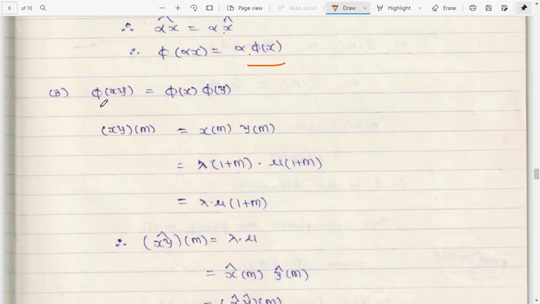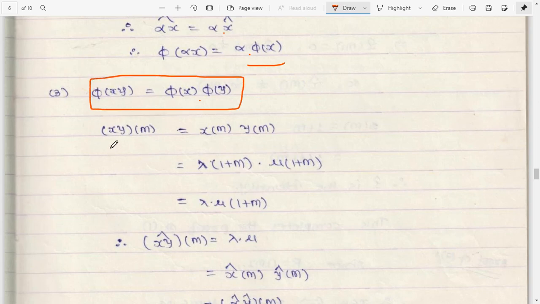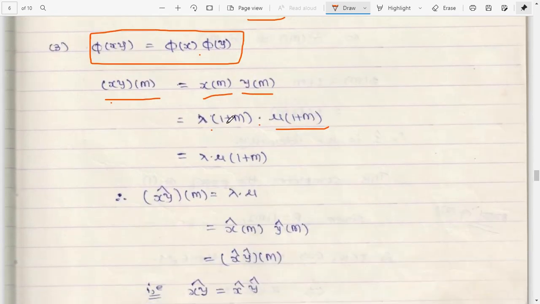Now third, phi of xy is equal to phi of x into phi of y. Now let x into y of m be equal to x of m into y of m. X of m is equal to lambda into 1 plus m, and y of m is equal to mu into 1 plus m. So the product is equal to lambda into mu into 1 plus m.